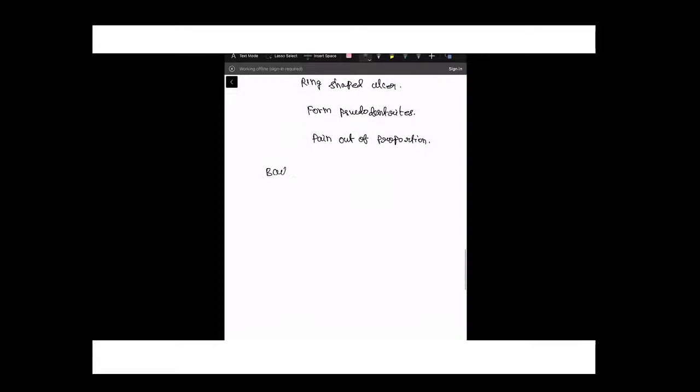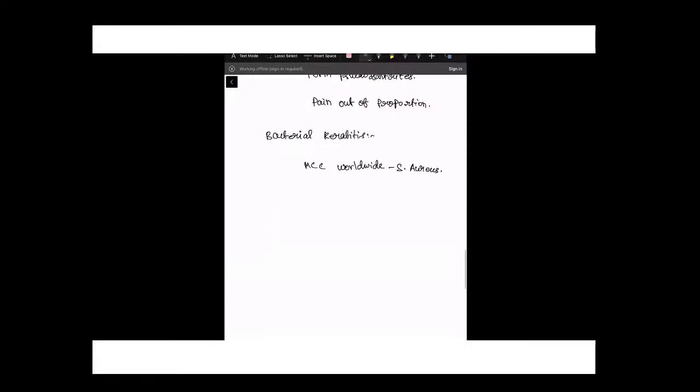Then we have bacterial keratitis. The most common cause worldwide is going to be Staph aureus, and the most common cause in India is going to be Streptococcus pneumoniae or pneumococcus.